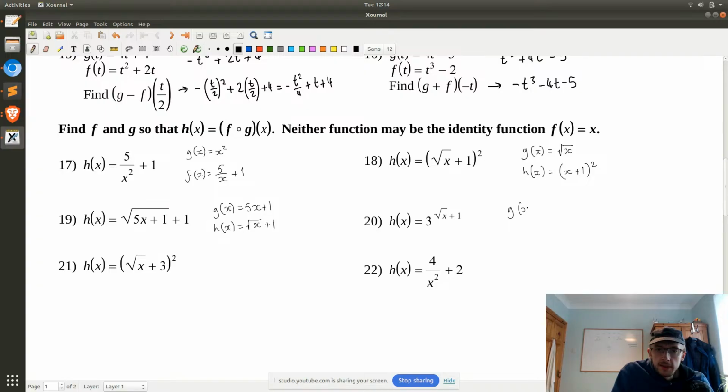Make g of x the square root of x plus 1, and make h of x 3 to the x. Make g of x square root of x plus 3, and make h of x x all squared. Make g of x x squared, and make h of x 4 over x and 2.